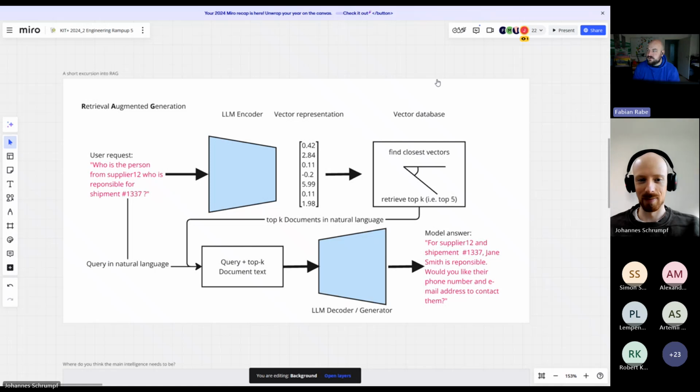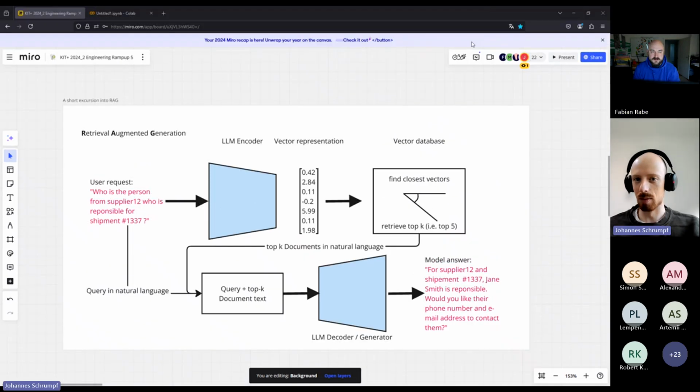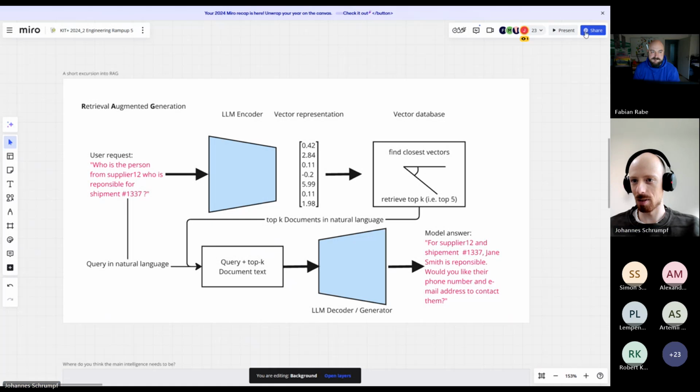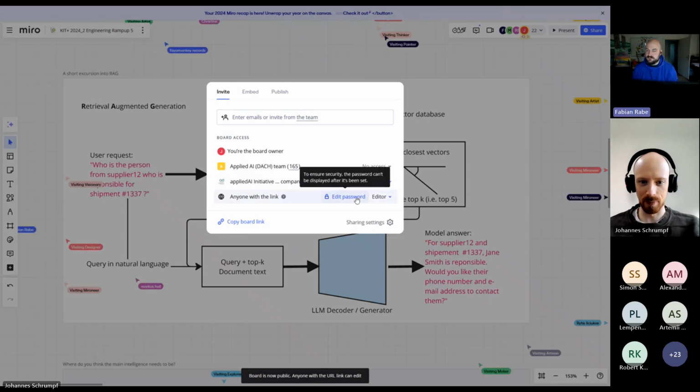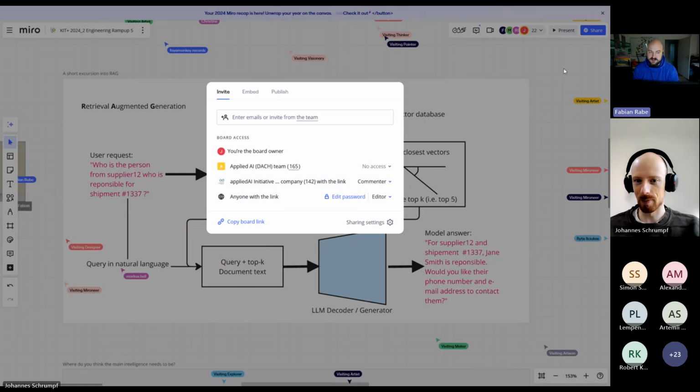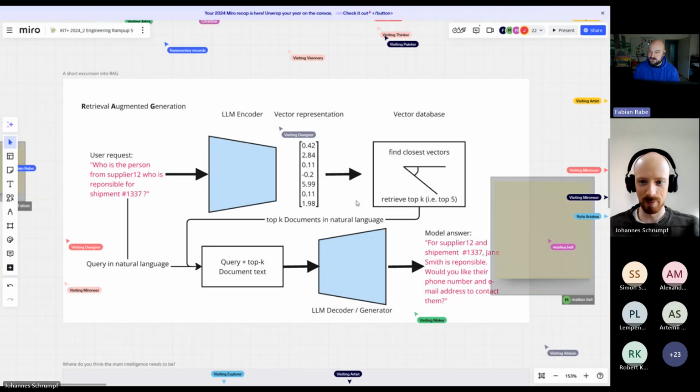Is it just me who has only commenting and no editing rights in Miro? Oh, that's not good. Alrighty. Okay, stuff is changing, and I can add sticky notes.